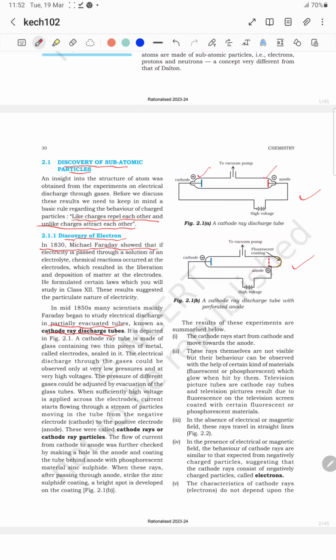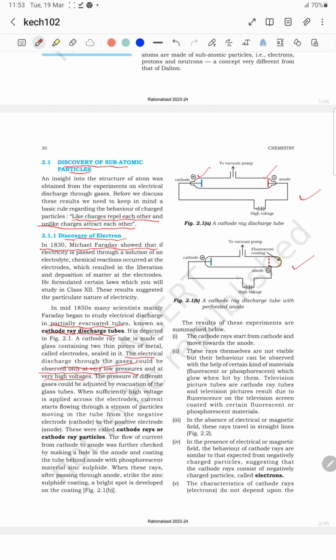The electrical discharge through the gases could be observed only at very low pressures and at very high voltages. The pressure of different gases could be adjusted by evacuation of the glass tubes.